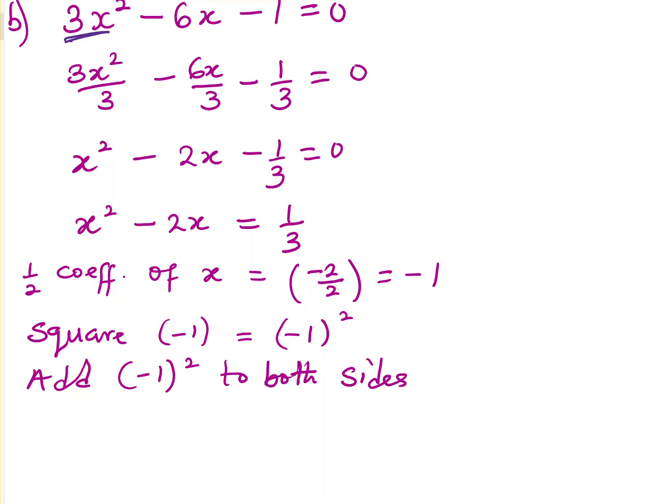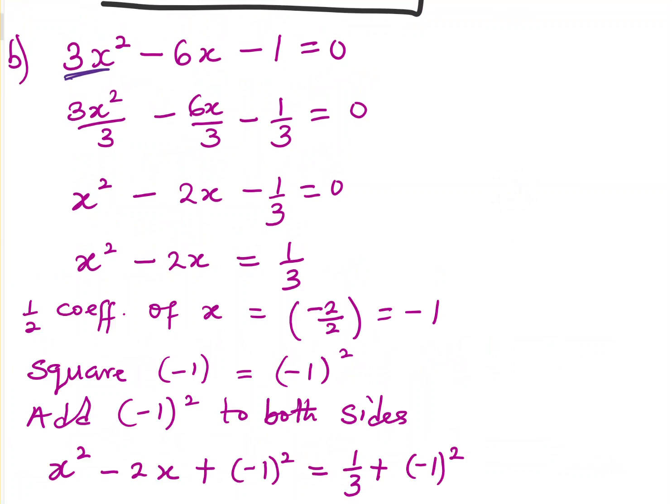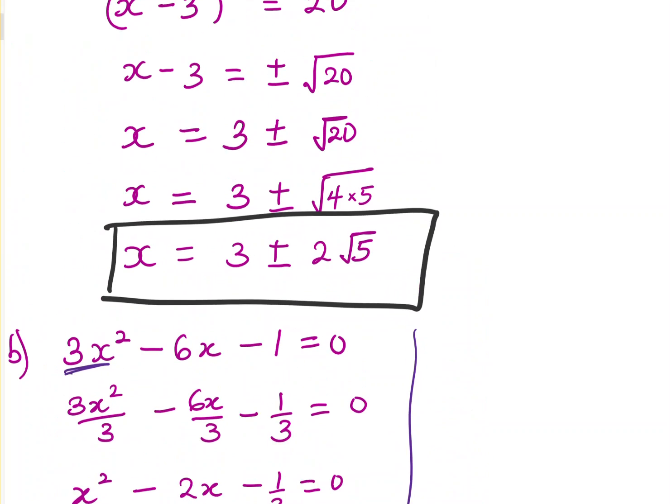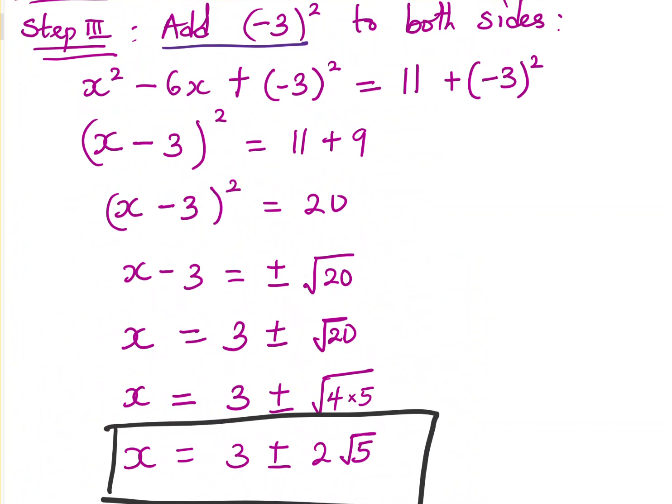So what we do have now is x squared minus 2x plus negative 1 squared equals 1 by 3 plus negative 1 squared. And now, if we look, this is essentially what we had when we got to this point.